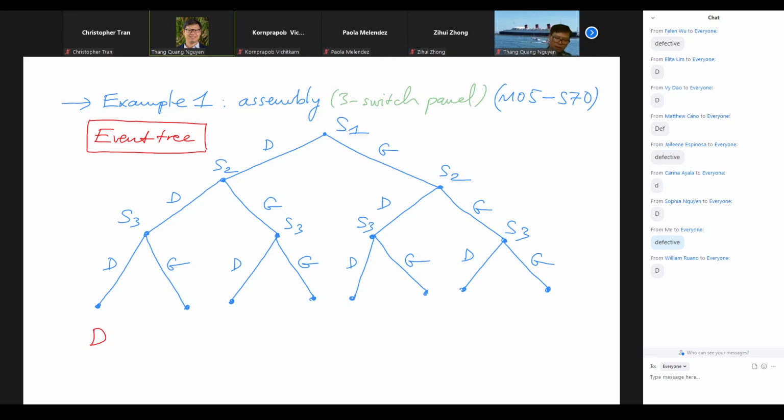If it is defective, I would like to use the diamond to signify that it is defective. Later on, if we see a good outcome, we do the circle, right? The circle is a perfect shape, so we use a circle for the good outcome and the diamond for the defective outcome.